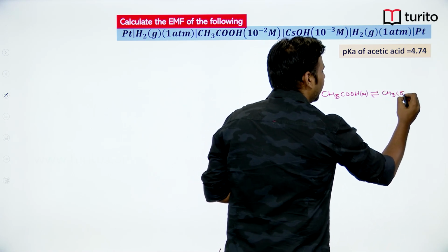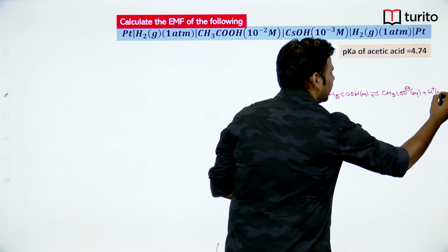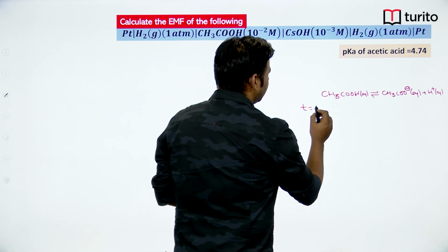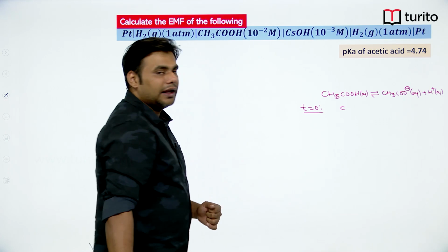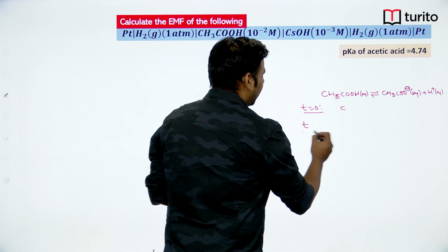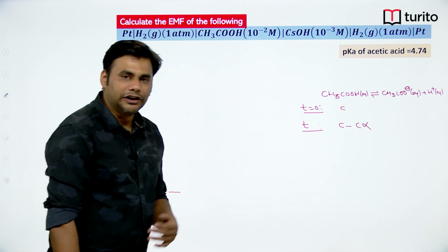So this would break into acetate ion and H plus ion. Say at time t equals 0, the concentration was C. If alpha is the degree of dissociation of acetic acid, after time t, when equilibrium is established, C alpha of acetic acid would dissociate.